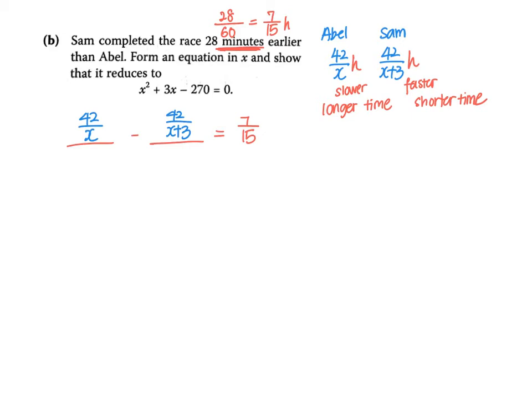Now what do we do next? This is a subtraction. So we are going to combine the denominators into 1. And that will be x and x plus 3.